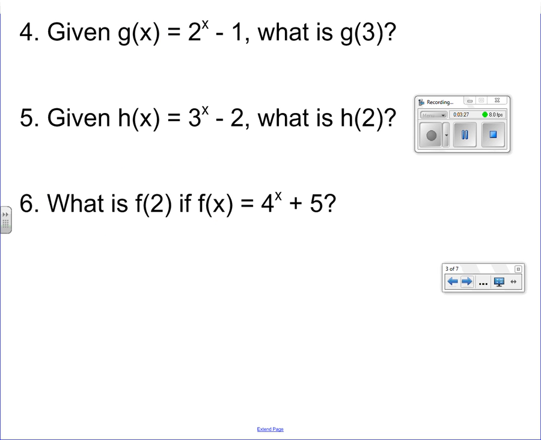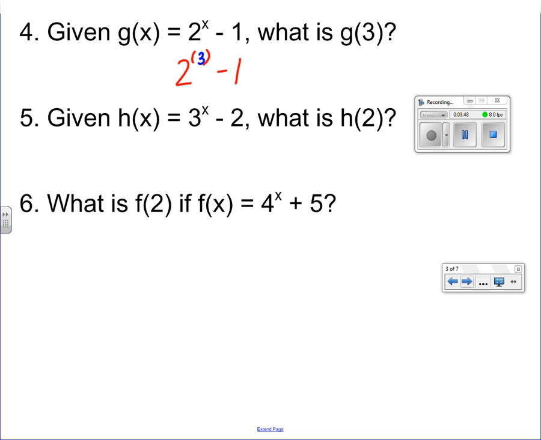All right, number 4, given g of x equals 2 to the x minus 1, what is g of 3? So we're still going to build our frame, but if you notice, x is an exponent up high. So we're going to plug in a 3.